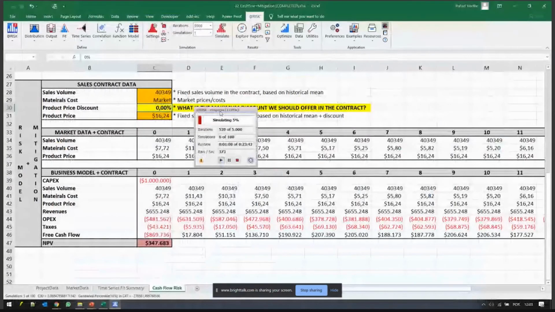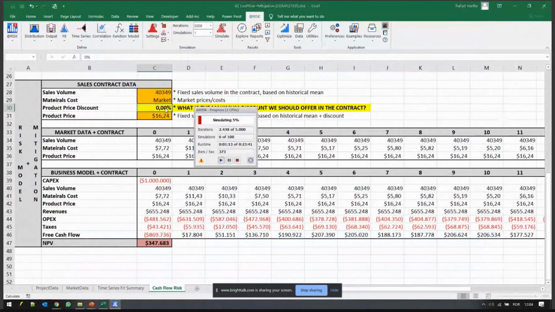This discount I'm looking for here is probably gonna be around 1 or 2%, I guess. So with that level of discount, it makes sense to have this contract. If the discount is higher, if they ask for 10 or 5% discount, then it's better not to sign this contract and take the risks as they are. Otherwise, you would have an even worse situation for your project.